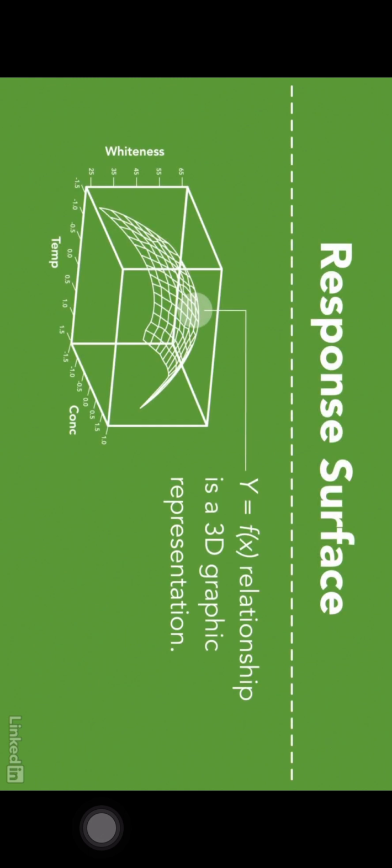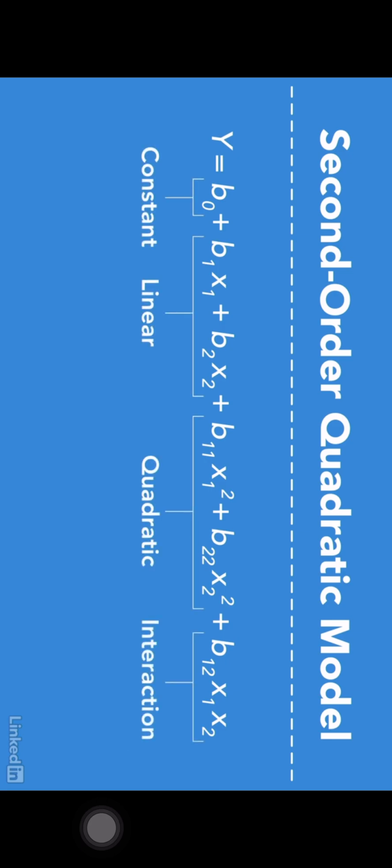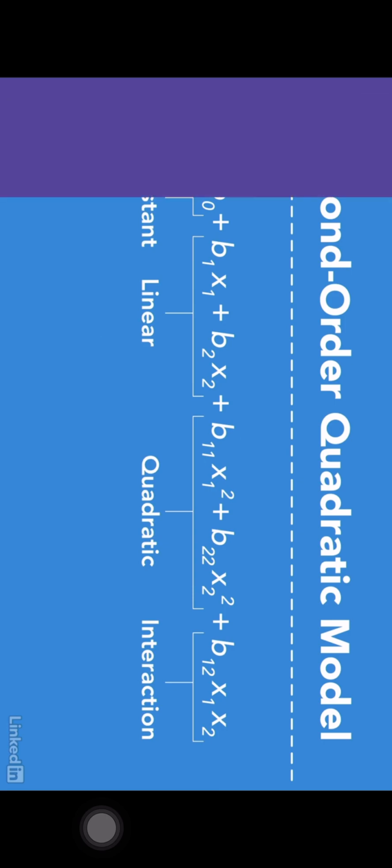The theoretical basis for RSM is that the output Y is represented by a curved response surface. A second order or quadratic model is required, as shown here, where x1 and x2 are the factors of interest. The difference between a response surface equation and the equation for a factorial design is the addition of the squared or quadratic terms. These terms are added to model curvature in the response.